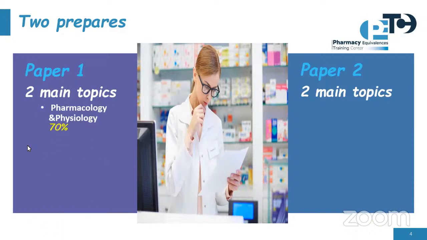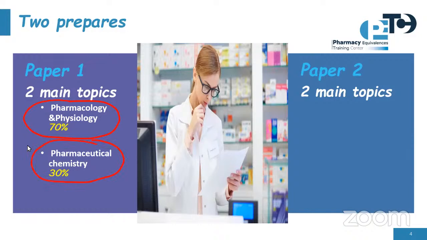In paper 1, the main topics are pharmacology and physiology, which represent about 70% of the content of the paper. So if the paper is 100 questions, 70 questions are related to pharmacology and physiology. The other part is pharmaceutical chemistry, which represents about 30% of the paper.